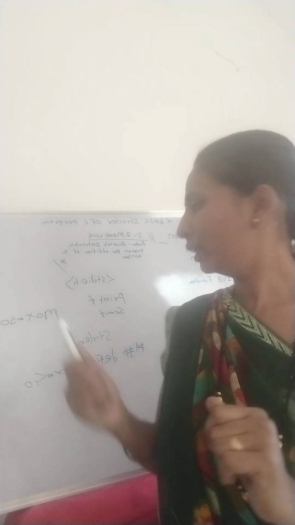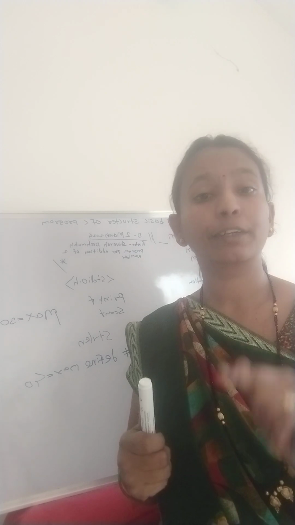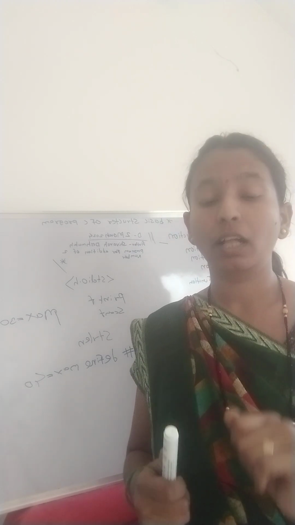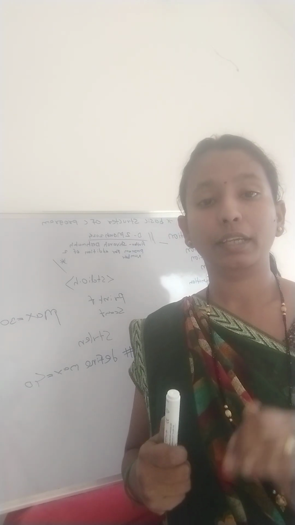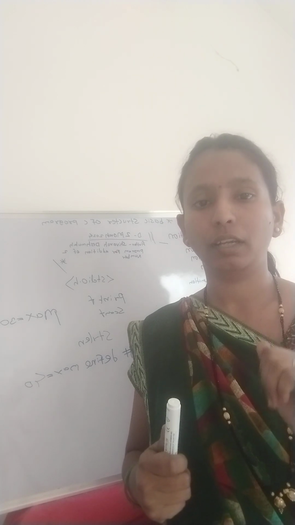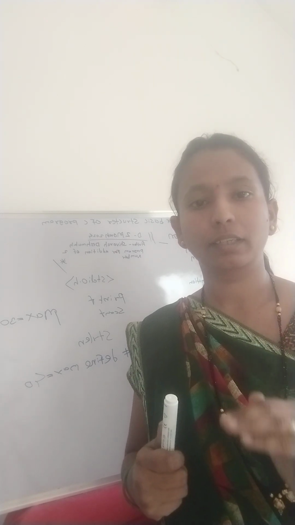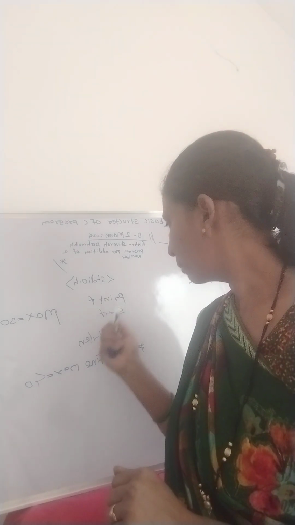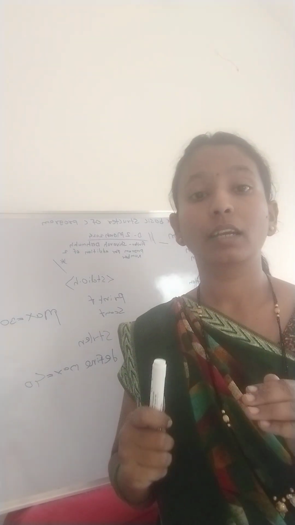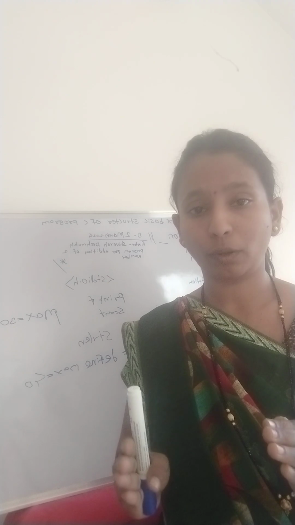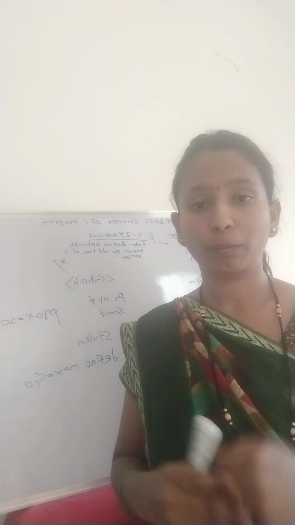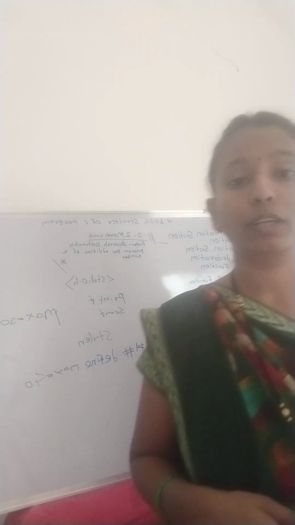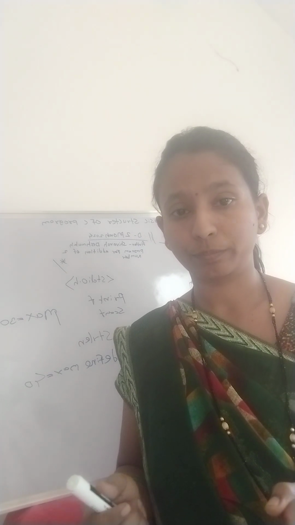So when we include the header file related to that predefined function, the compiler gets the meaning of that function and performs the task related to it. For example, printf and scanf. These both are very common functions we use in our program, and these functions are for input output operations.